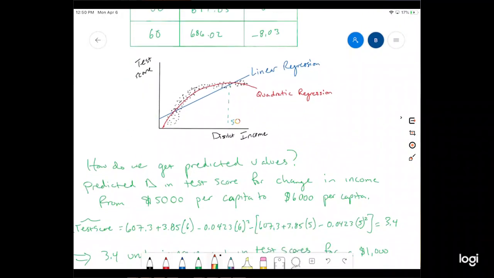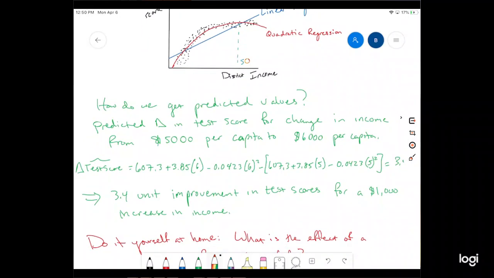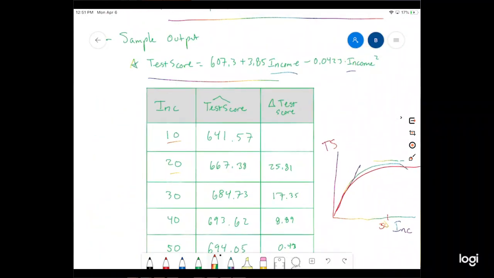So how do we get these predicted values? Let's do one more example. Let's get the predicted change in test scores for a change in income from $5,000 per capita to $6,000 per capita. So what am I doing here? I'm plugging in 5,000 and 6,000 into my sample regression function, this function up here.